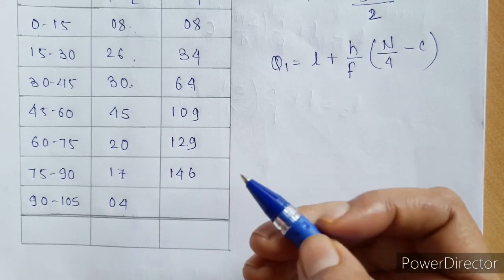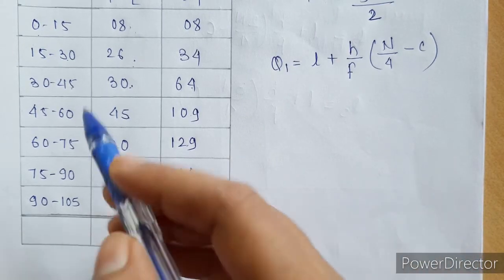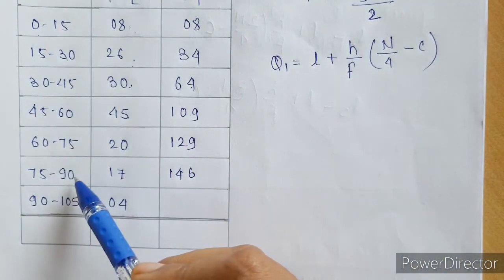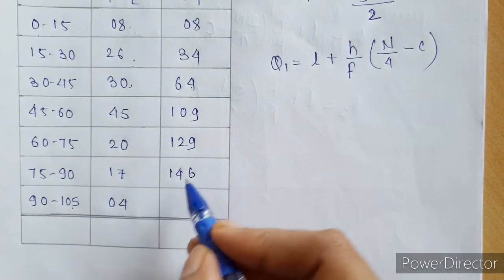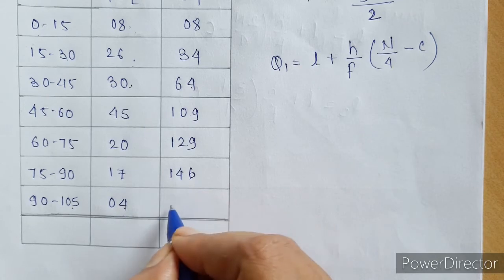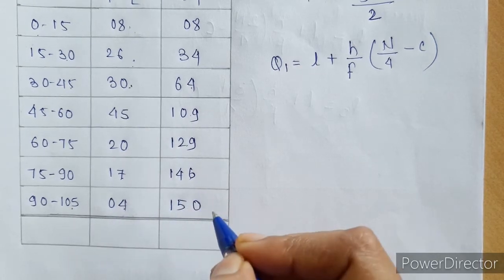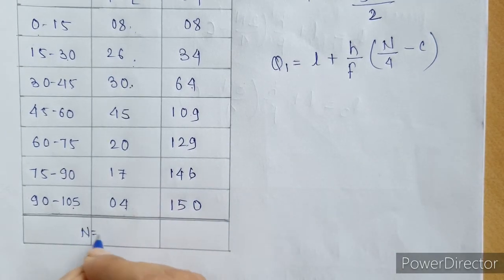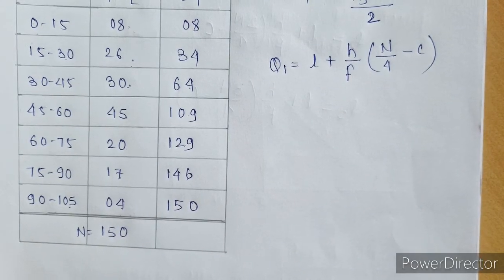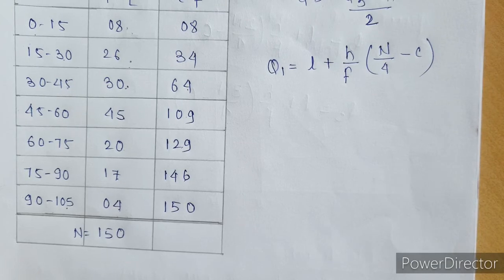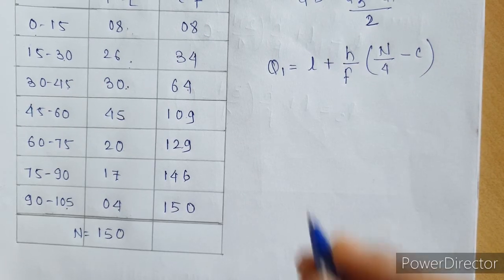Then 129 plus 17 is 146. And last one, from 0 till 105 we have 146 plus 4, that is 150. So in total we have 150 observations. Now the first thing is we need to find n by 4.